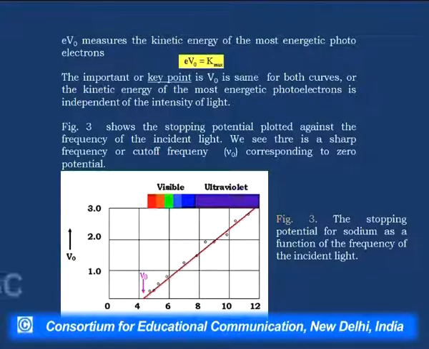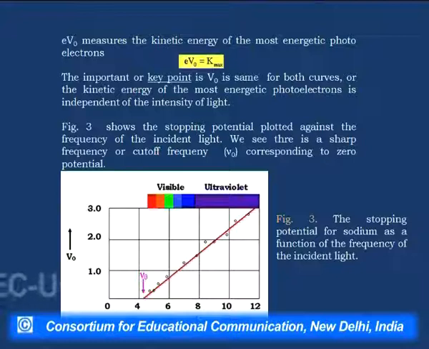This is the second plot, or second figure, which is plotted between stopping potential and the frequency. So, we have used different types of light, starting from, say, visible and then ultraviolet, and then we have plotted this graph, and then we can see here that there is a frequency nu naught.